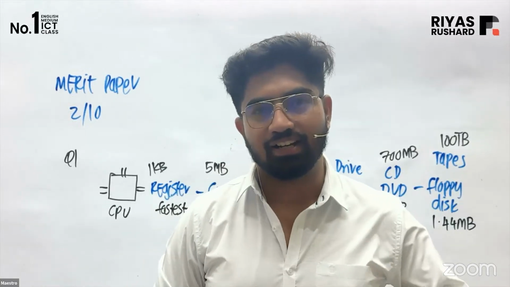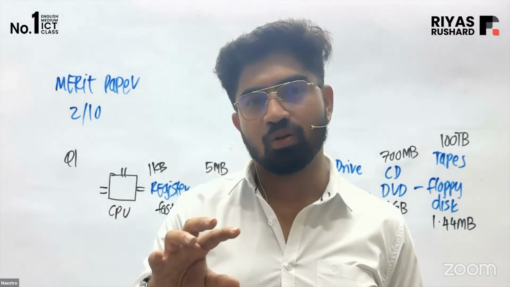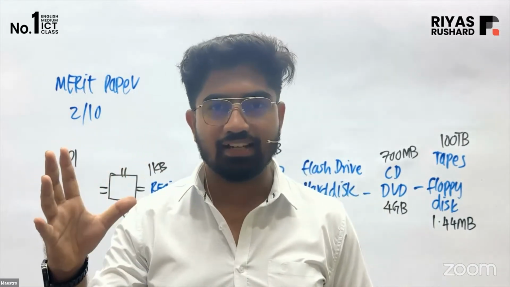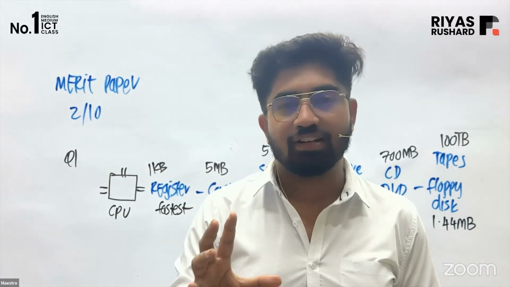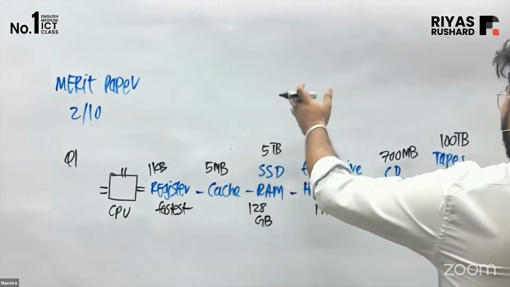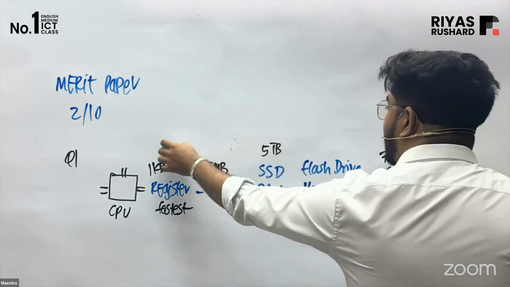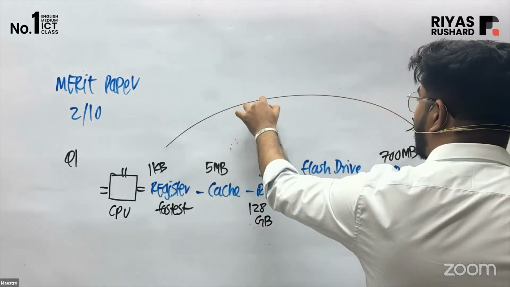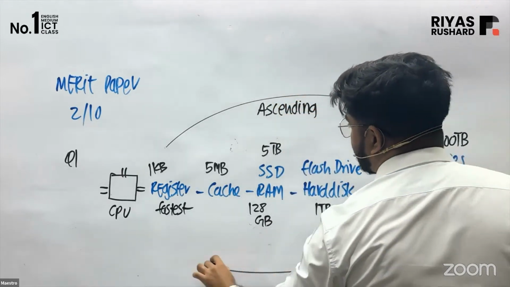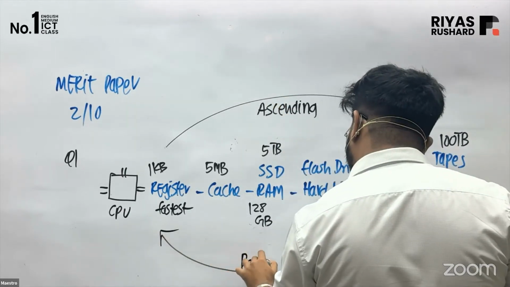Ascending is from the shortest access time to the longest access time. In terms of descending order, we will be considering the exact opposite. So this is our ascending order, and this is our descending order.